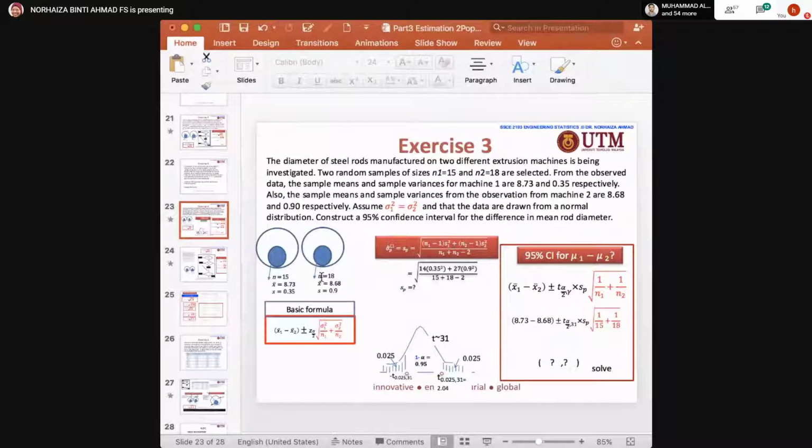So you don't want one to be 50 or 100 and this one to be 15. It would not be a balanced comparative sample size. So here basically we're going to assume that these two would have quite similar sample size. If it's large, both will be large. If it's small, both will be small.